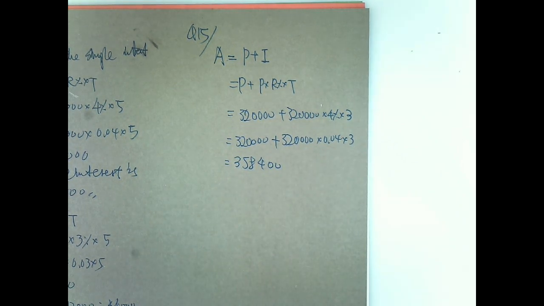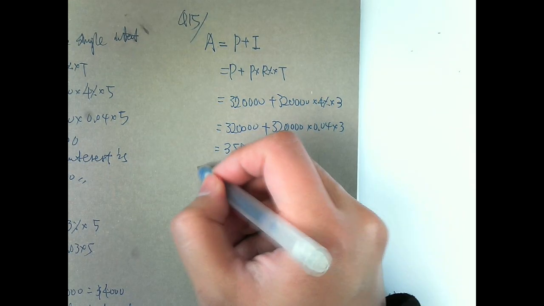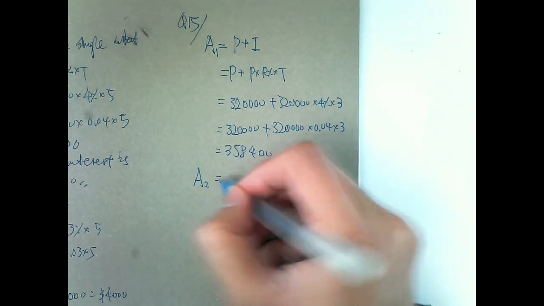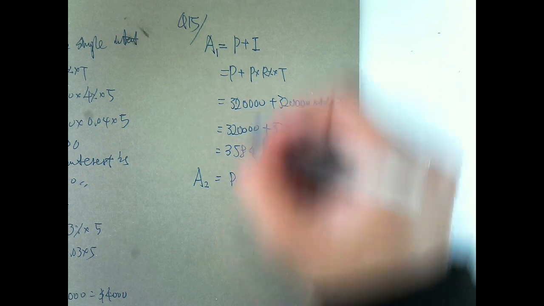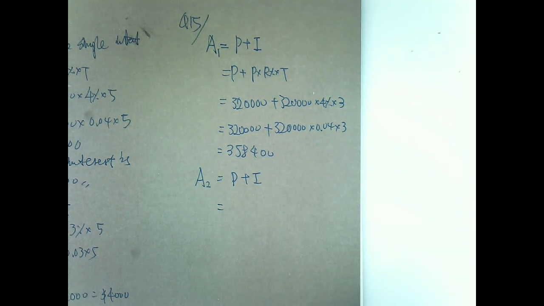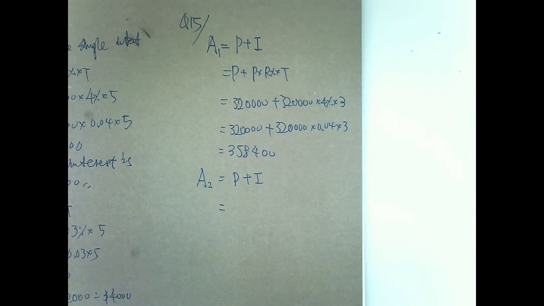Okay. So this is the total amount from band A, understand? But it is actually the principal for band B, understand? So again, you have to calculate A, make this A1, this is A2, okay? Make some difference. P plus I. So do you have I for band B? No, okay?